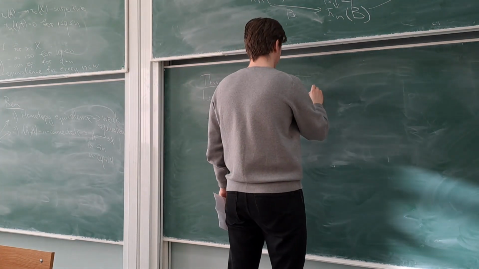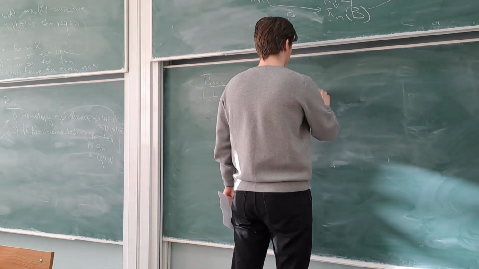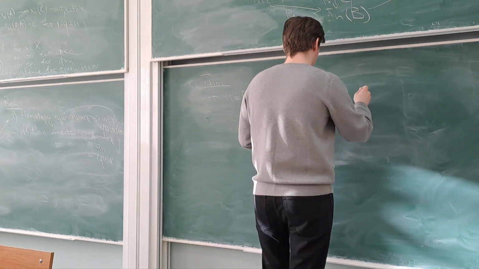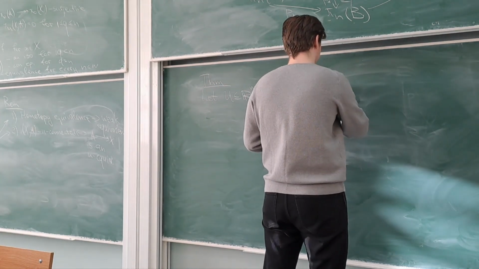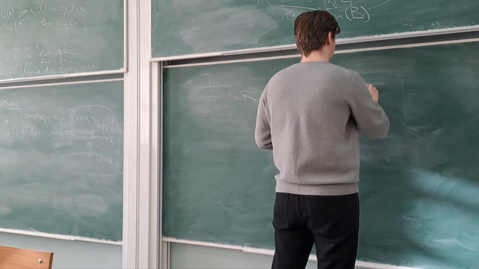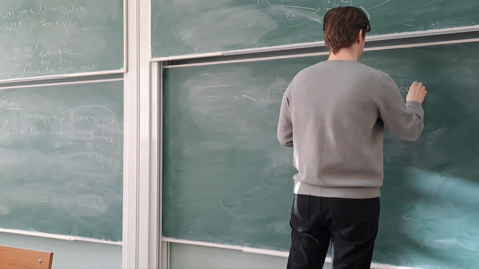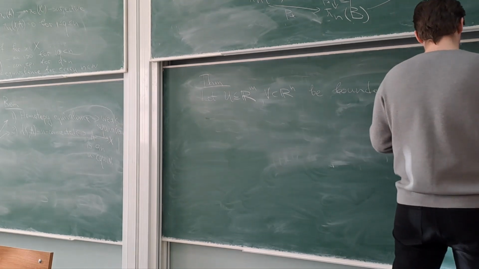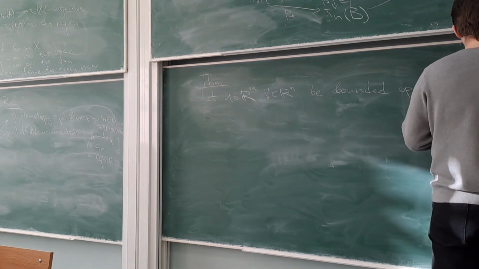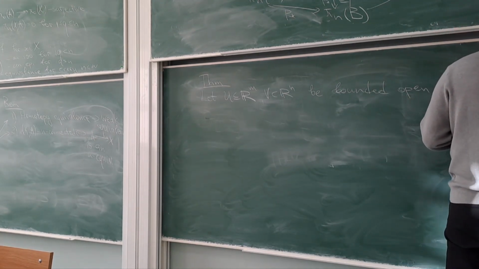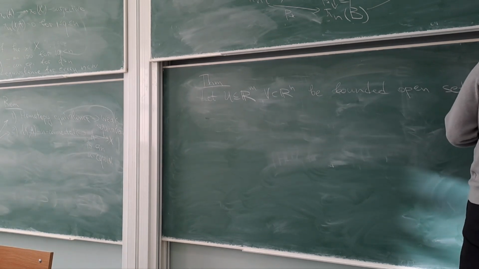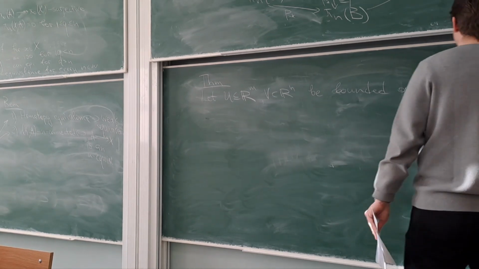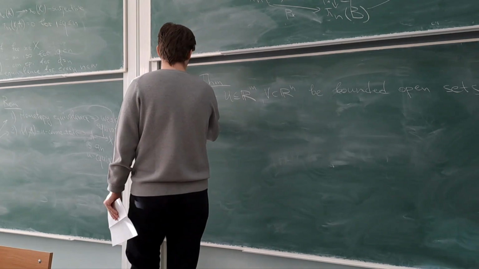So let U and V be bounded open sets in R^m and R^n respectively, and let phi be some continuous map.